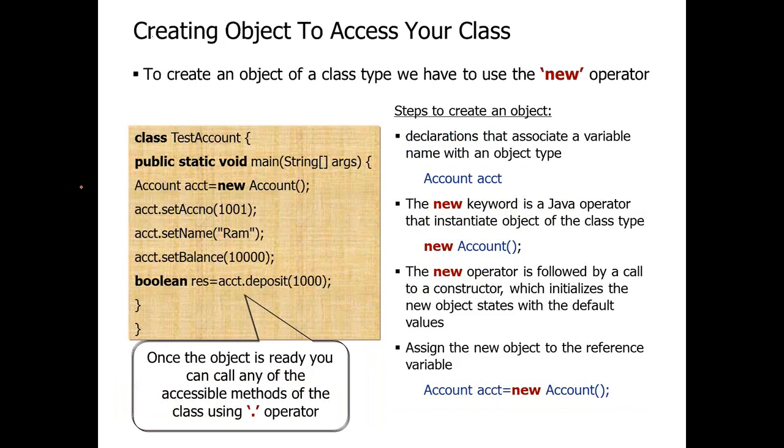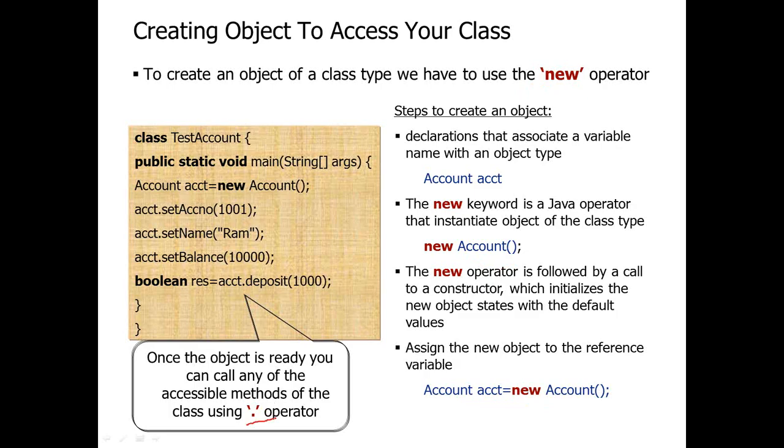Now in your object, this is how you instantiate your objects. Creating object to access your class, you use the new operator. You call the constructor and you instantiate this object. Once the object is ready, you can call any of the accessible methods by using dot operator.